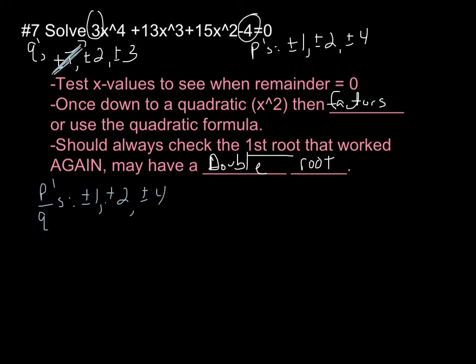Now put everything over the 2. Plus or minus 1/2. Plus or minus 2 over 2 is just 1, so I've already used that. And 4 over 2 is just 2, so I've already used that. Now move on to the 3. Plus or minus 1/3, plus or minus 2/3, and plus or minus 4/3.